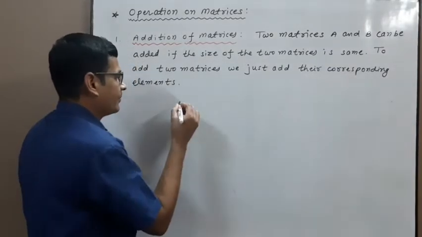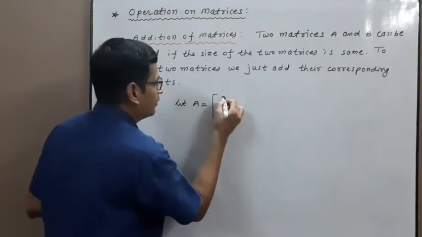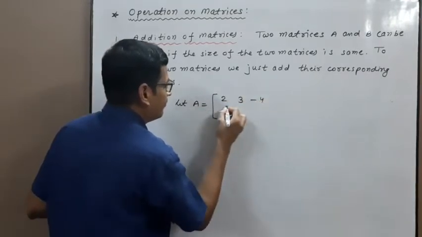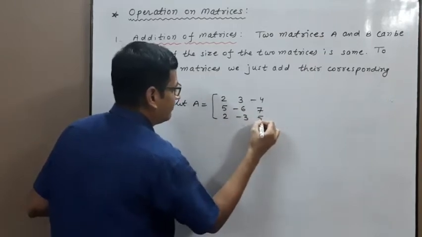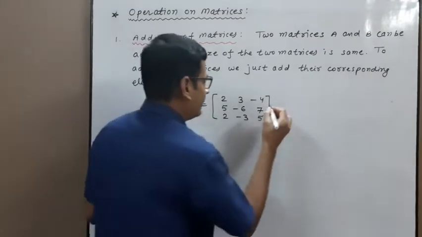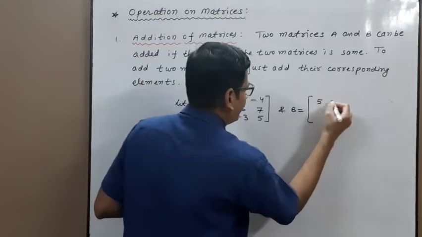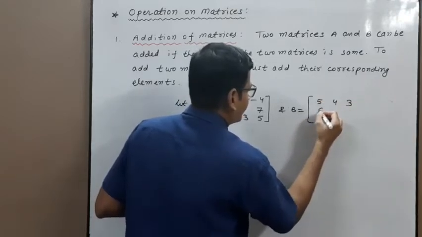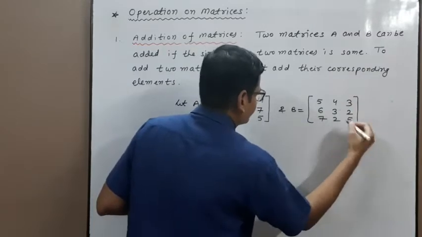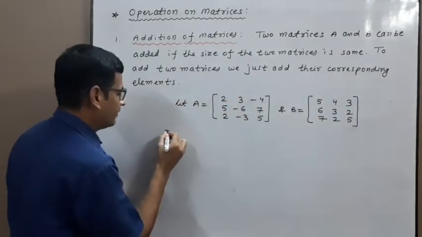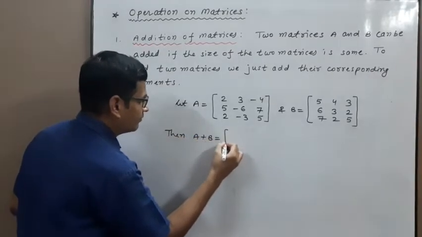For example, let A is equal to 2, 3, minus 4, 5, minus 6, 7, 2, minus 3, 5, and B is equal to 5, 4, 3, 6, 3, 2, 7, 2, 5. Then A plus B is equal to.